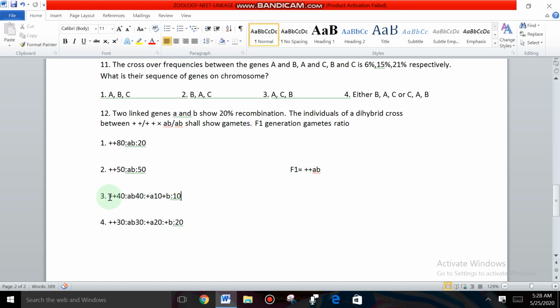So plus plus 40%, AB 40%, and plus A 10%, plus B 10%. Less recombination here, and there are more parental varieties. You got it or not? Right? From this you make the gametes. You can get the answer. Okay.